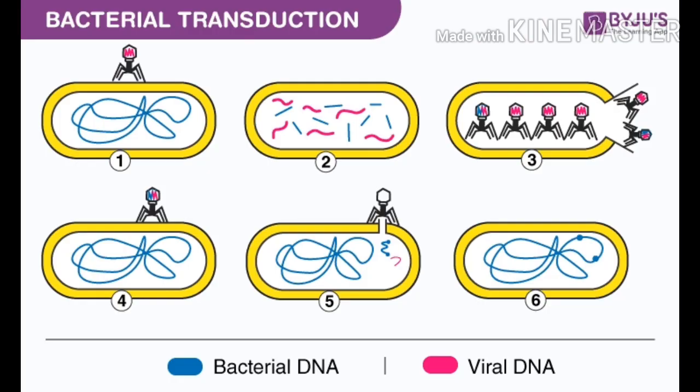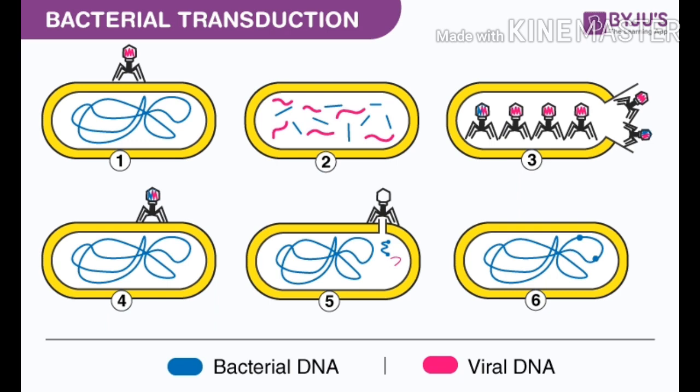Here you can see this is the bacteriophage. It will transfer its own genetic material into the bacteria. We have discussed the structure of viruses, which are made up of protein and genetic material. It may be RNA, it may be DNA. This is the virus, but it is called a bacteriophage because it is infecting the bacteria.